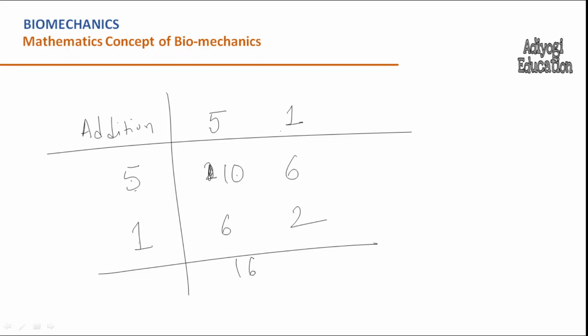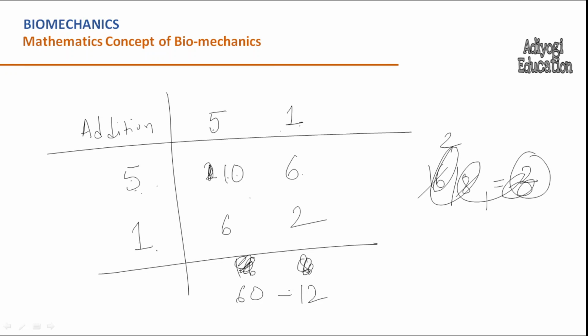Here I made a little mistake. Correct it: 10 into 6 is 60, 6 into 2 is 12. Please correct this. So this is 60 divided by 12, which is nothing but 5. So again the remainder is 0.